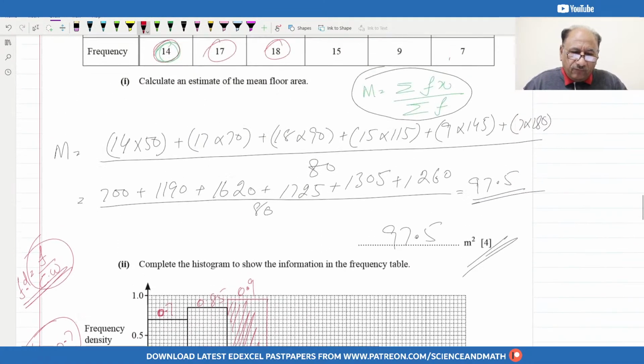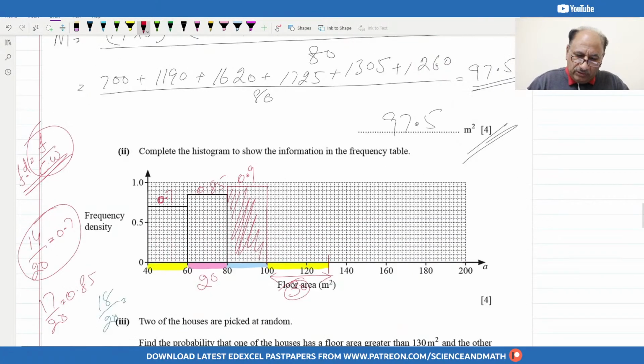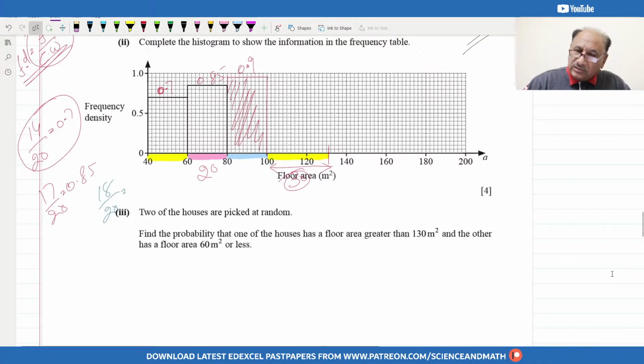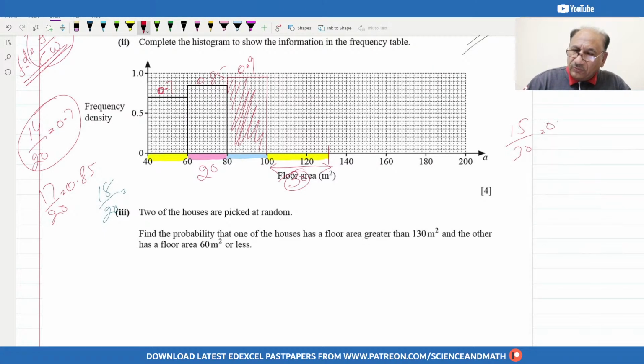So we divide 15 by 30, which is 0.5, or half. So the height of this bar should be up to 0.5. We can carefully draw this histogram bar also, and this is done. This is 0.5, and this is the bar.